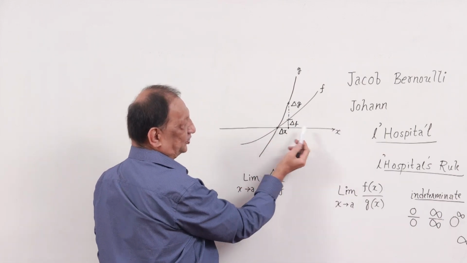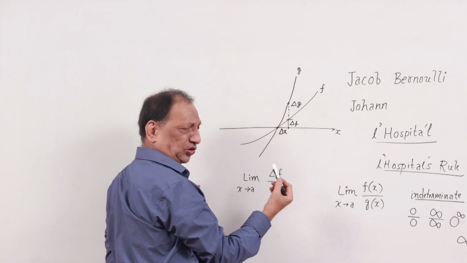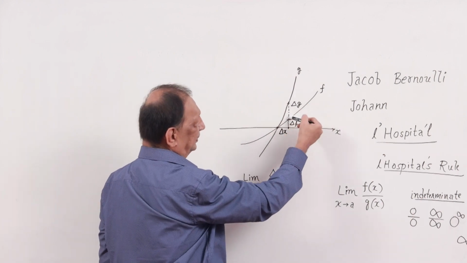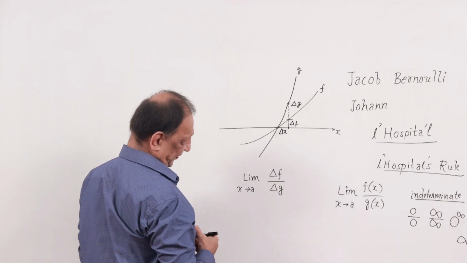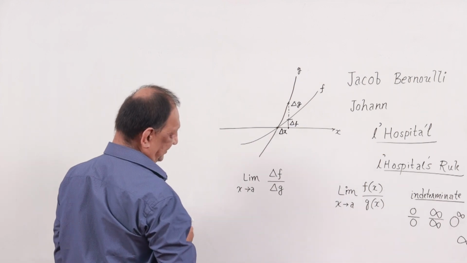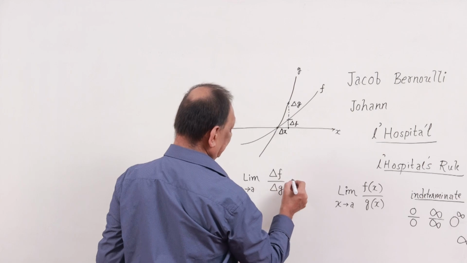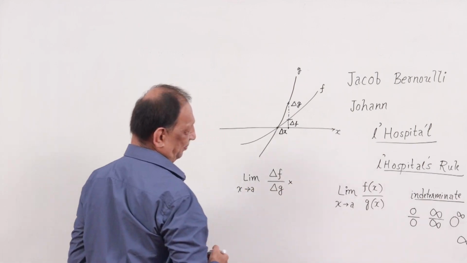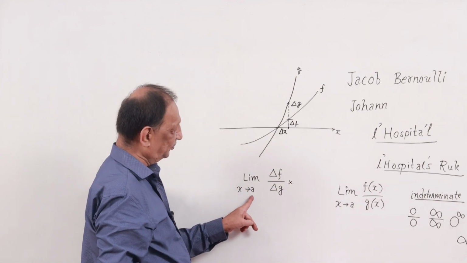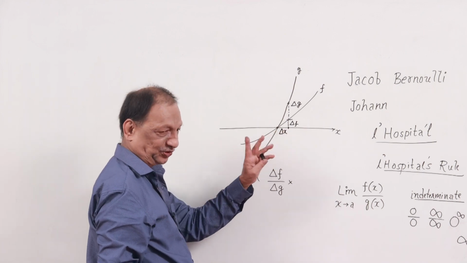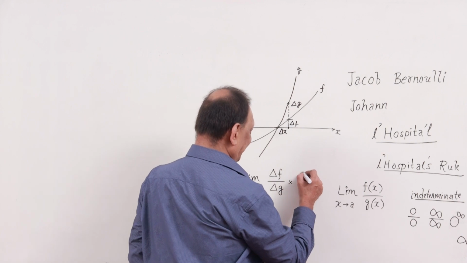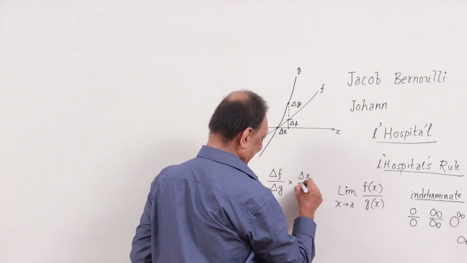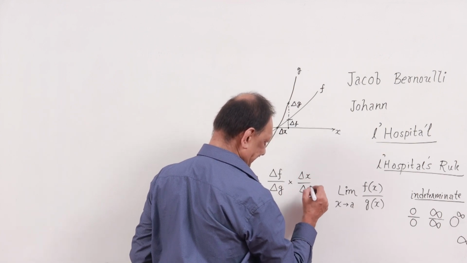As x goes to a, both of these will go to 0. Delta f also goes to 0, delta g also goes to 0, and this ratio is what I want to find out. How do you do that? Remember, I've got x going to a, which means that delta x goes to 0, and there is no delta x in this ratio. So we introduce delta x by delta x without loss of generality.